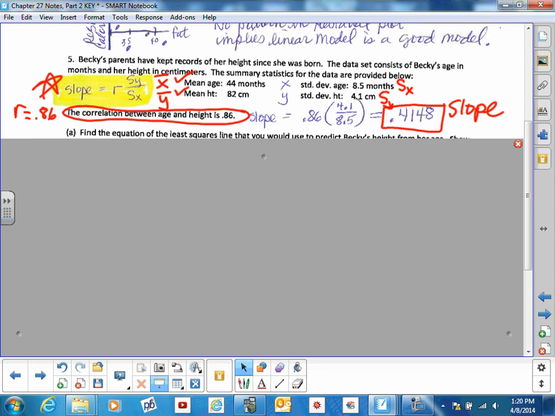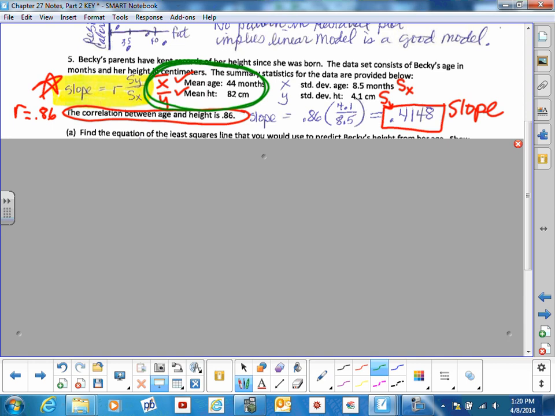But we plug it in the equation. Aha, good. You can plug in these two pieces here into y equals mx plus b because, you ready? Here's the important piece of information. The mean of x and the mean of y is always a point on the least squares regression line.